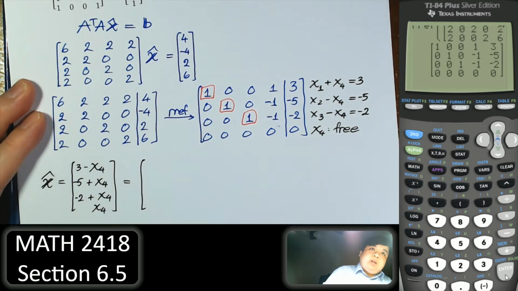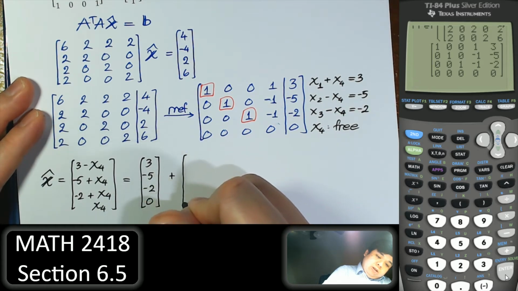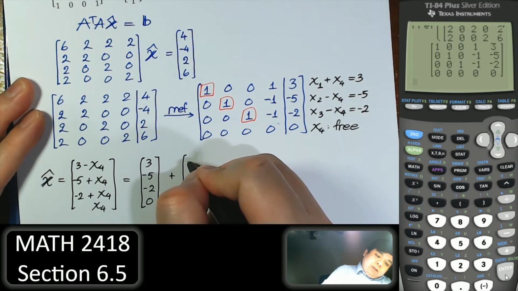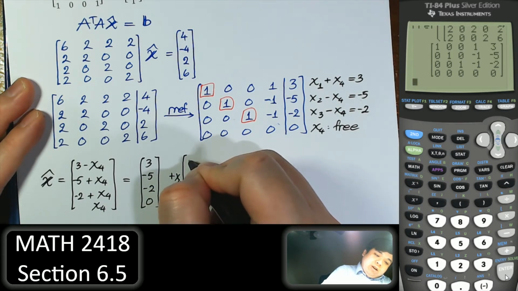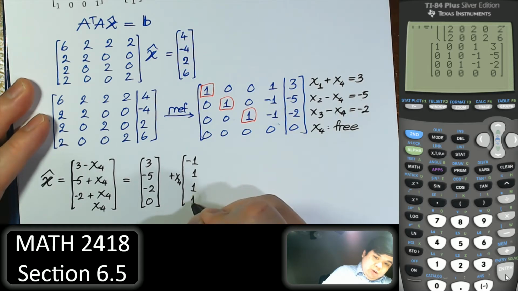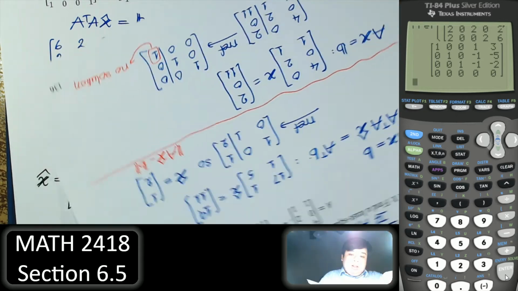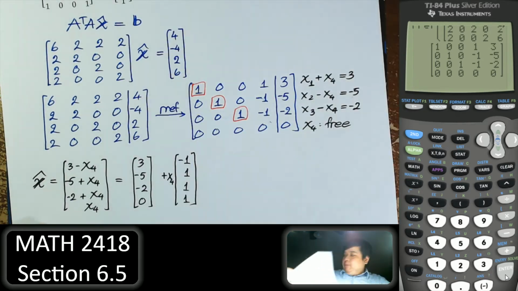So we write the solution as 3, -5, -2, and 0, plus x4, factor out -1, 1, 1, and 1. Right, so we have infinitely many solutions. So that's why, when we use the pseudo inverse, it will not work because the inverse does not exist.